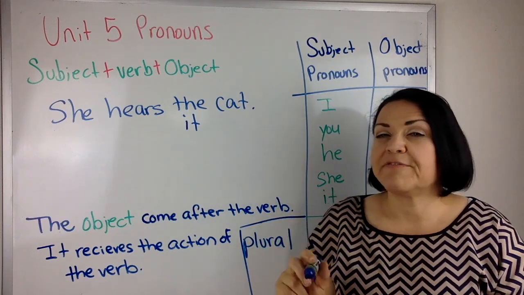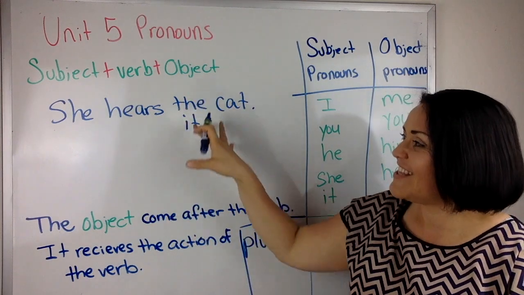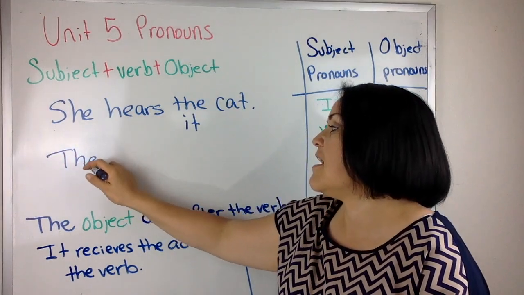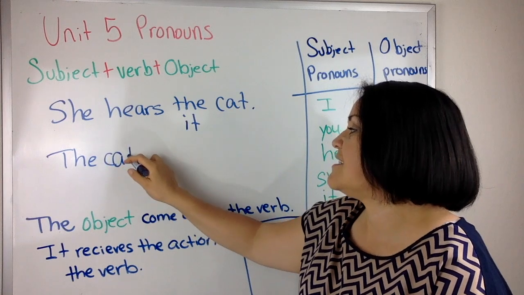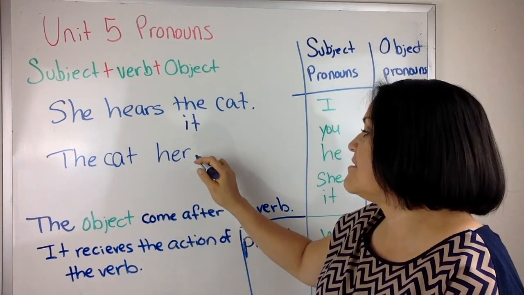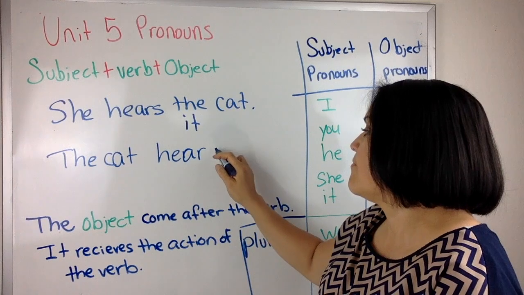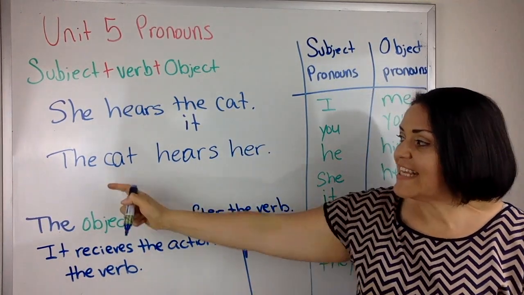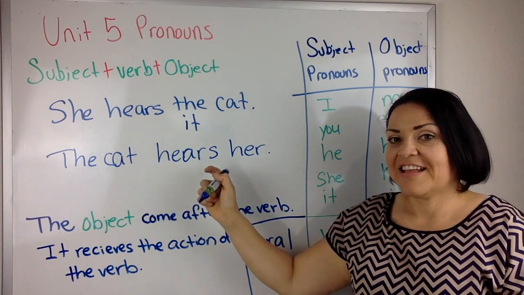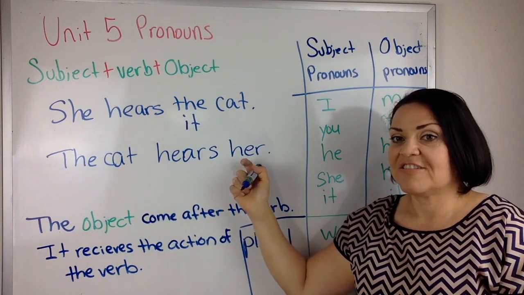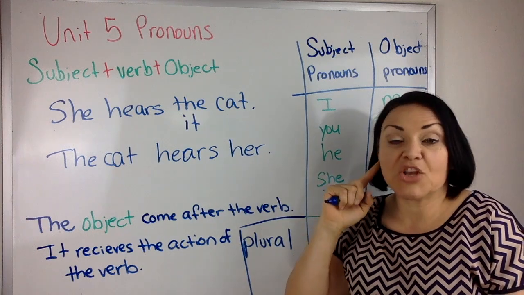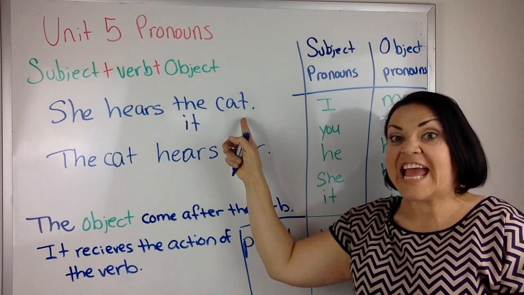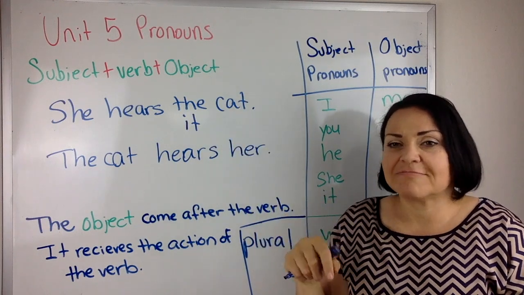And that would be the object pronoun. I don't want you to be confused in the book because they wrote it backwards. They wrote an example like this: The cat hears her. What this is saying is the cat can hear her. So she's the one making noise. She hears the cat. The cat is the one that's going meow, right?